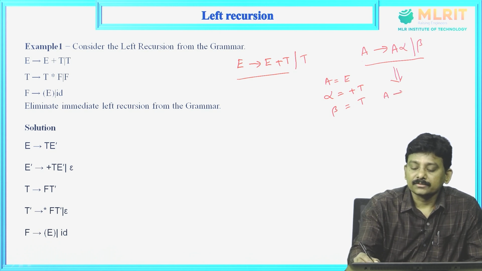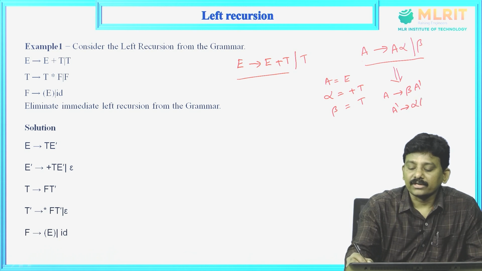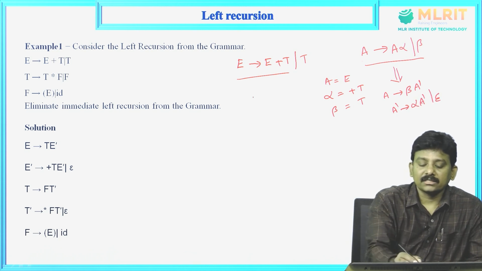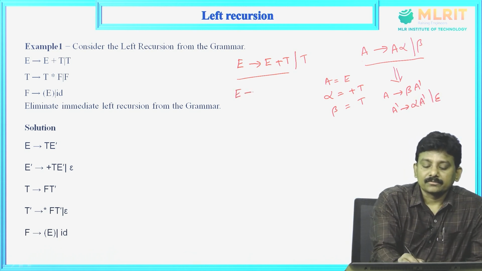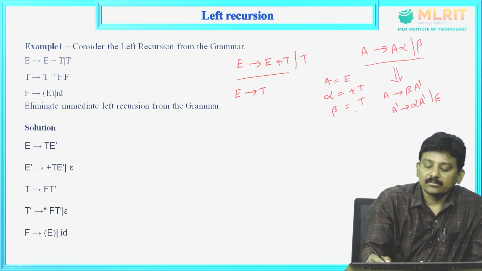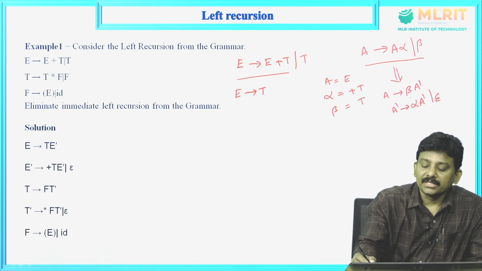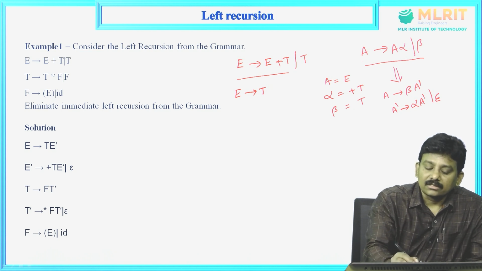A derives beta A dash, A dash derives alpha A dash or epsilon. Like that, E derives beta, meaning T, beta A dash, so E derives T E dash. What is E dash?